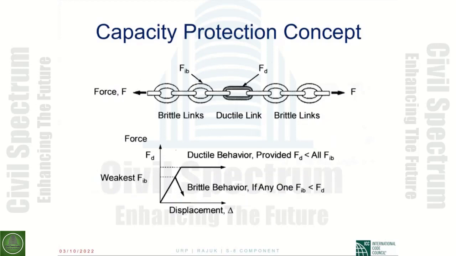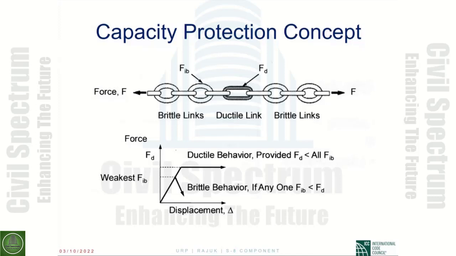So this is the basic concept of the capacity protection. Imagine that you have a chain and you have selected that the yielding element will be in the middle of that chain. Once you have the yielding element, you are limiting the forces to the force inside the ductile link, which is equal to F sub D. There is no way to exceed that.